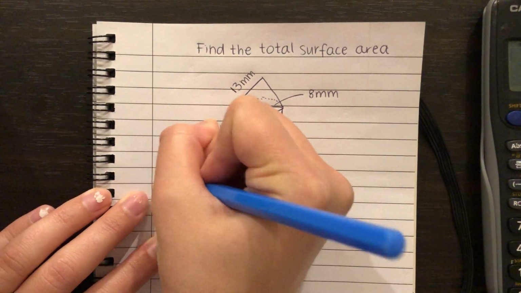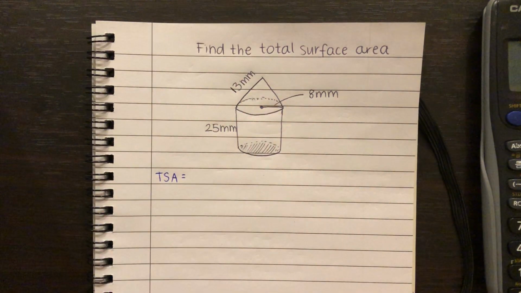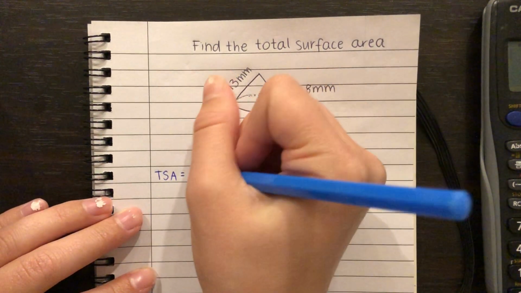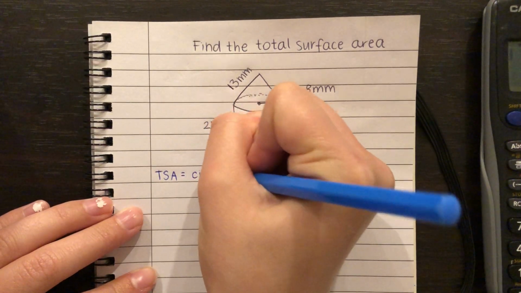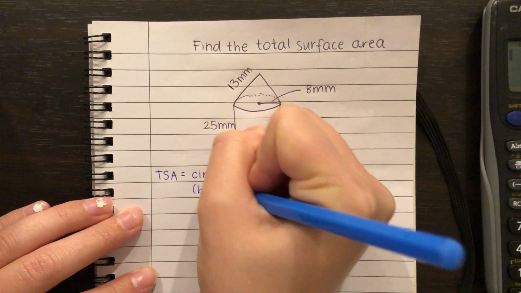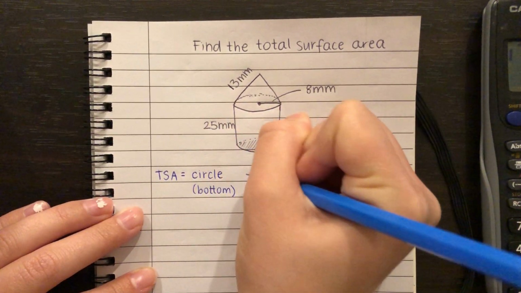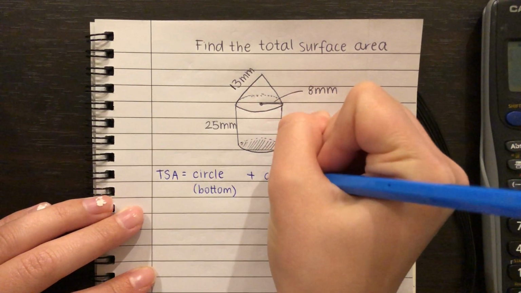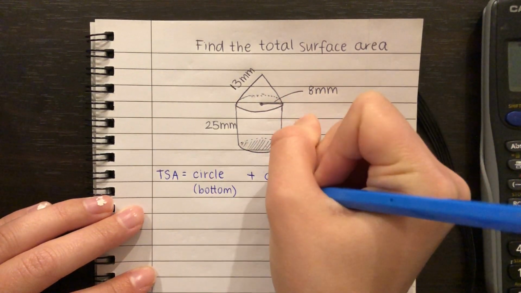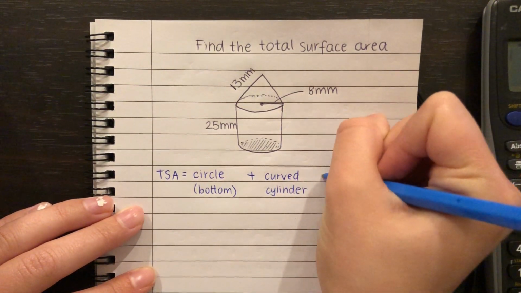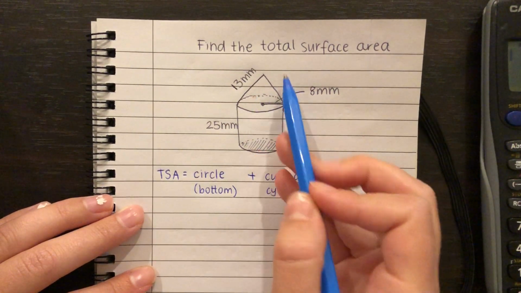So the total surface area equals the circle down the bottom plus the curved cylinder plus the cone.